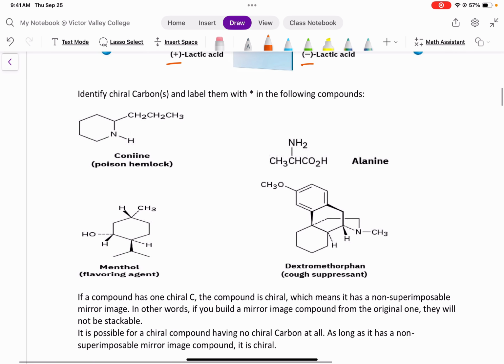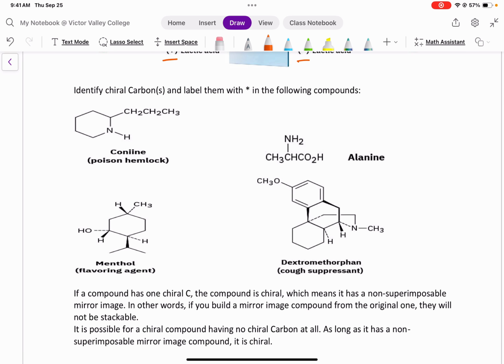Okay, here's a couple of practice problems for us. Identify chiral carbons and label them with the star for each of the following molecules or compounds. All right. Now, every time you see a CH3, that's not chiral because that's three identical hydrogens. CH2, two identical, that's not chiral.